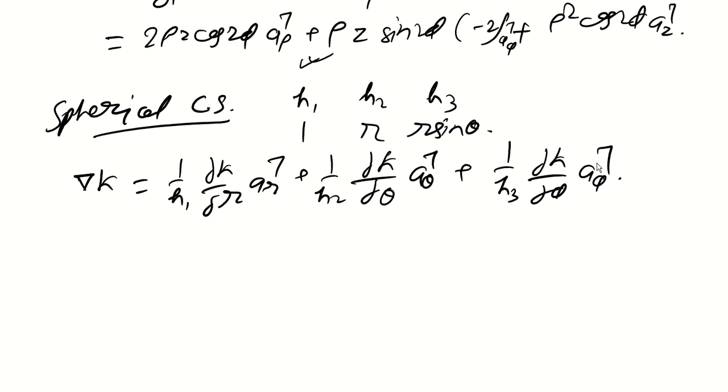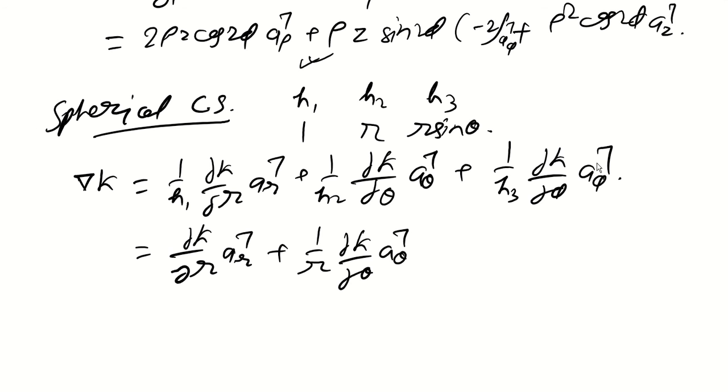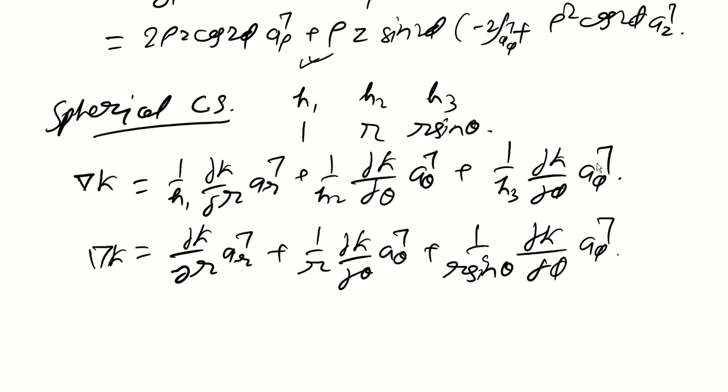Now I put the values of h1, h2, h3 and get the formula for the spherical gradient. So we have dou k by dou r a r plus 1 by r dou k by dou theta a theta plus 1 by r sin theta dou k by dou phi a phi. So this is the formula for your spherical coordinate systems.